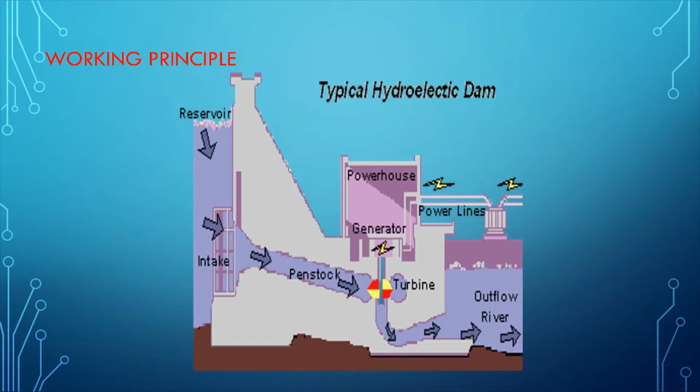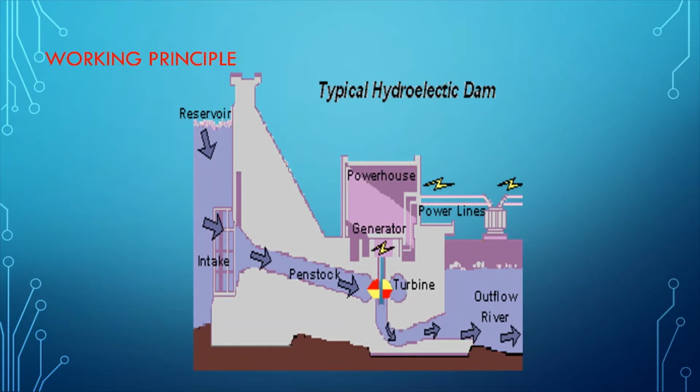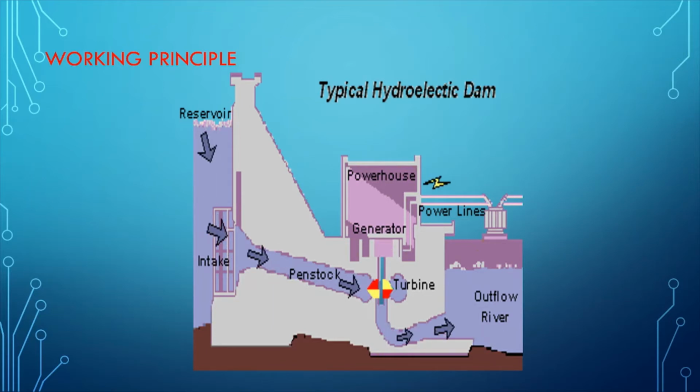Due to the pressure of the water, the lightweight turbine rotates. Due to the high speed rotation of the turbine, the shaft connected between the turbine and the generator rotates. Due to the rotation of the generator, AC current is produced. This current is supplied to the powerhouse. From the powerhouse, it is supplied for commercial purposes.